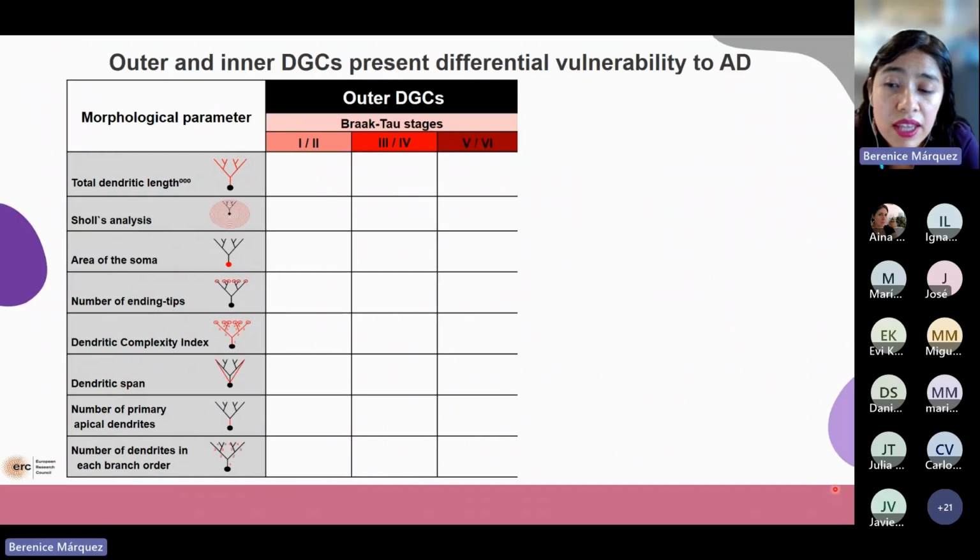On the other hand, the analysis of outer and inner dentate granule cells separately demonstrates differential morphological alterations, the dendritic complexity index being firstly affected in outer dentate granule cells at early stages, and then at intermediate and late stages, most of the morphological parameters are affected.